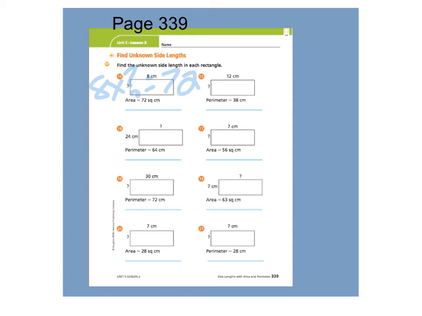A lot of kids know 8 times 8 is 64. You could count up from there. So you're thinking, what times 8 is 72? Or you could do 72 divided by 8, a little trickier.